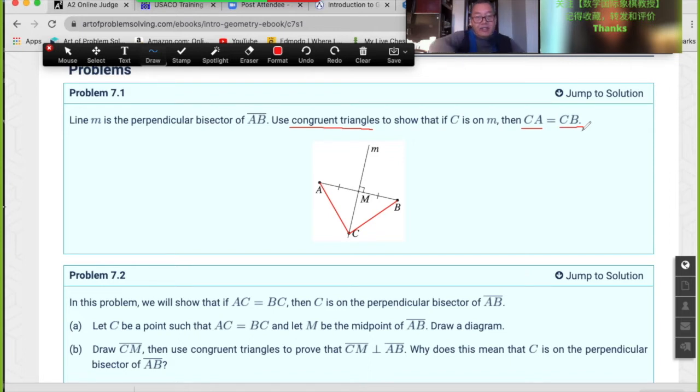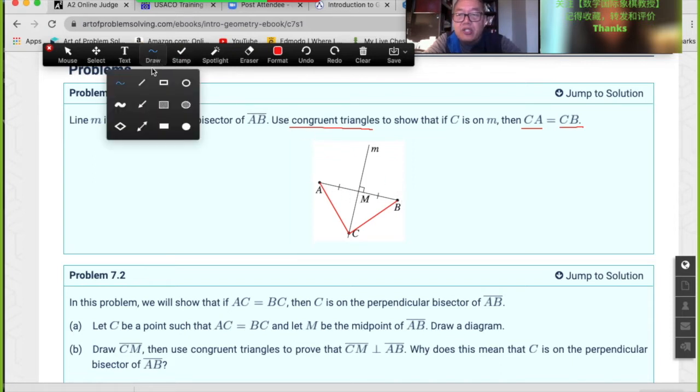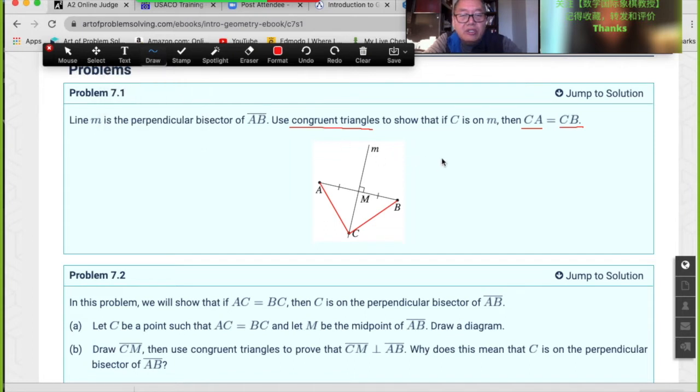Yes, you're right. So you can use two theorems to prove this. Because line CM is perpendicular to AB, right? That means these two triangles are right triangles. So then you can use LL, leg leg for right triangles.